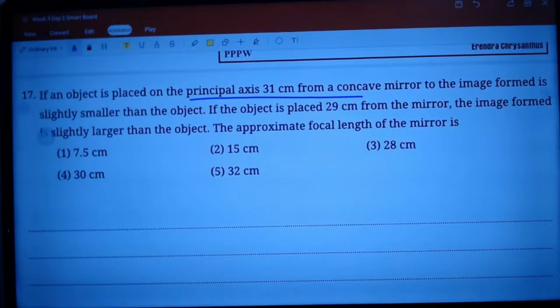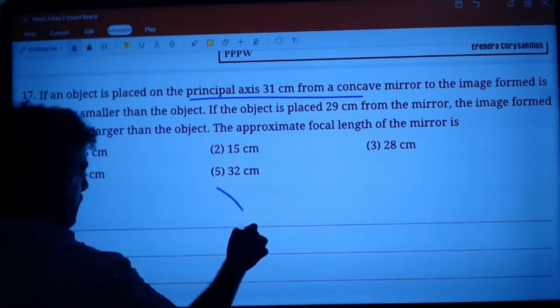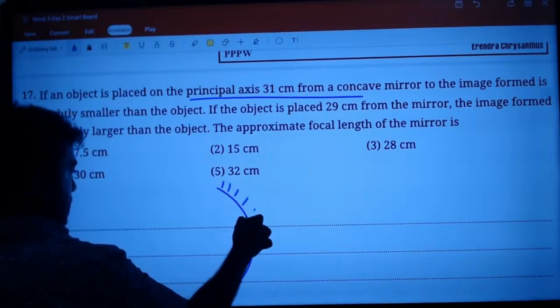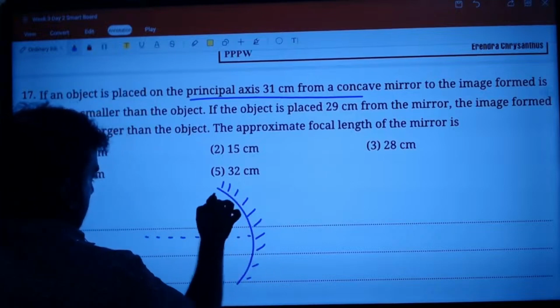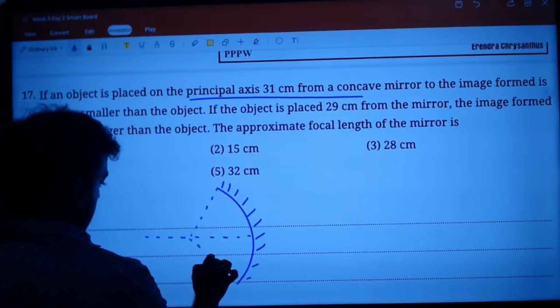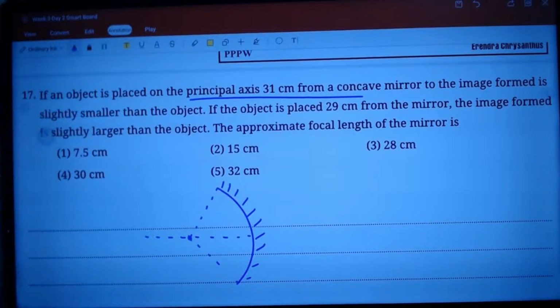Now remember this particular question is from your O-level knowledge. Optical center.